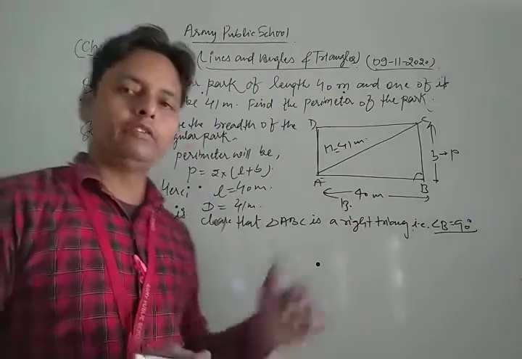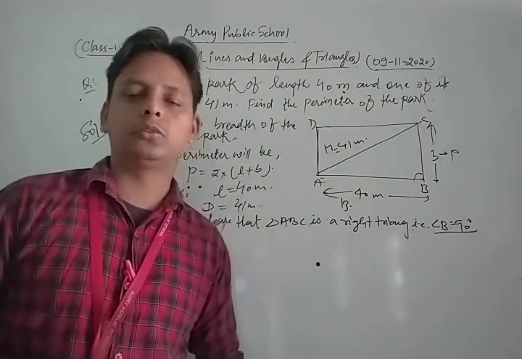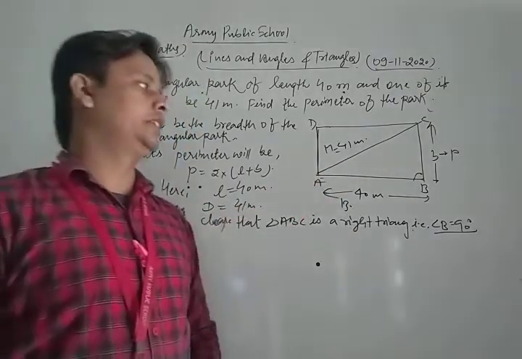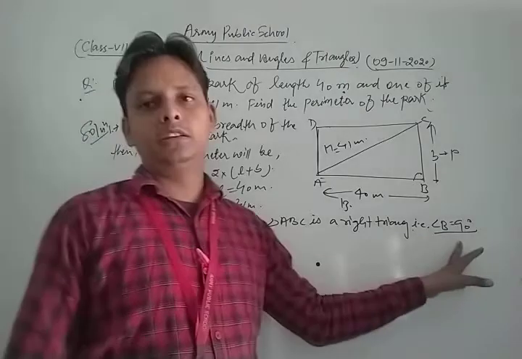So we know that if one of its angle is equal to 90 degree, then it is said to be a right angle triangle. So here the triangle ABC is a right angle triangle, right angled at B.